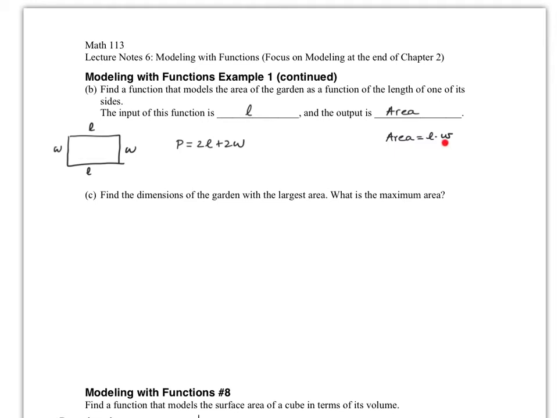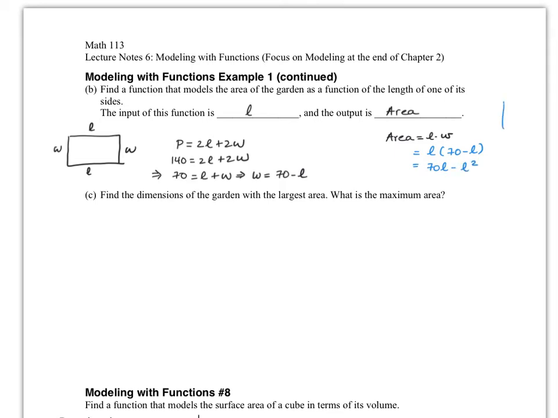And you want to change the width to L, and you can use that from here. Remember that the perimeter is 140. So this is 2L plus 2W. Or you divide everything by 2, you have 70 equals L plus W, or W is equal to 70 minus L. So therefore the area is going to be the length times the width, which is L times 70 minus L. And this is 70L minus L squared.